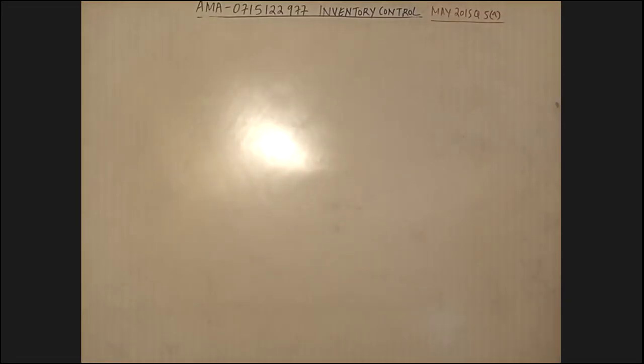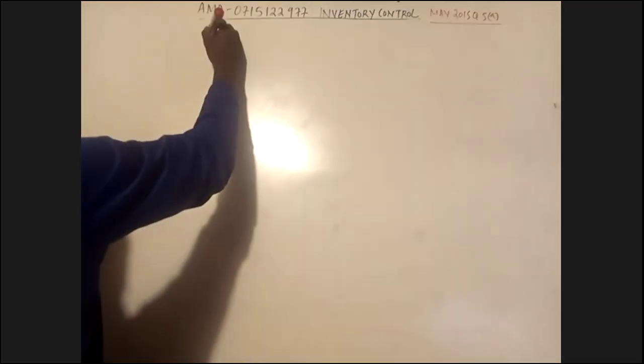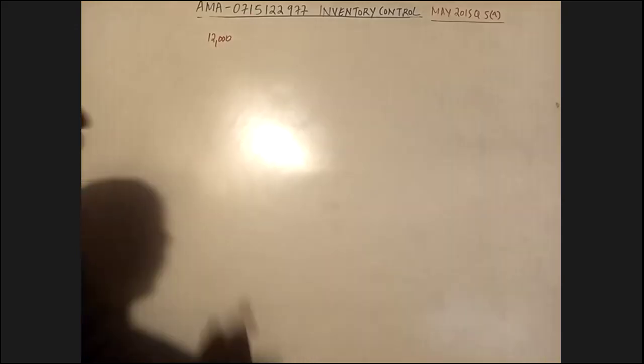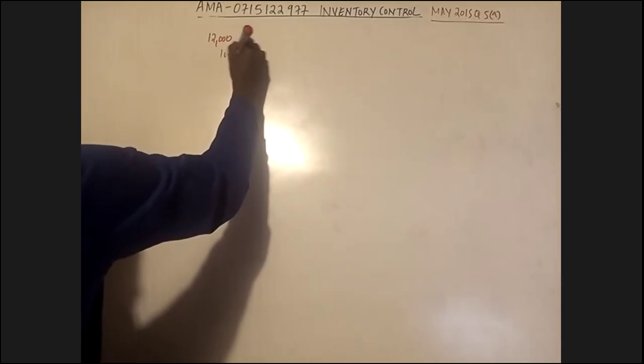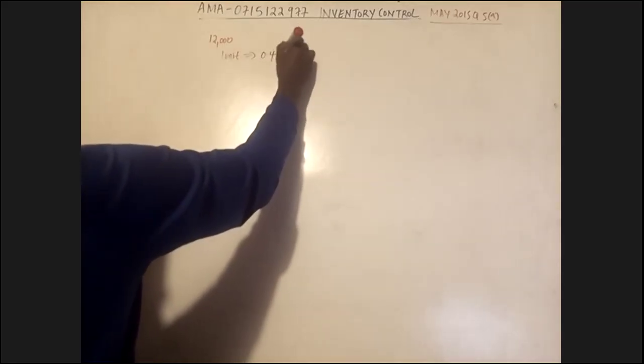Kuna statement hapo juu anasema the material which is used evenly throughout the year is used only by one company product. The production which is currently at 12,000 per annum. So our current production is 12,000 per annum. Aya, tuendelee. And then anasema each finished unit requires 0.4 kg of the material. So 1 unit requires 0.4 kg.